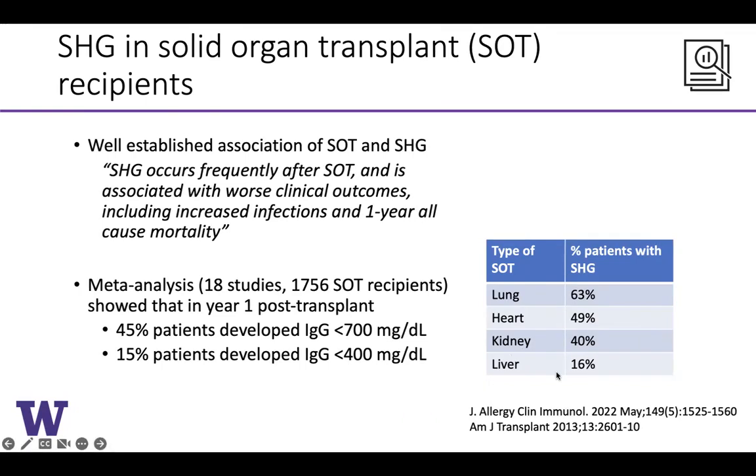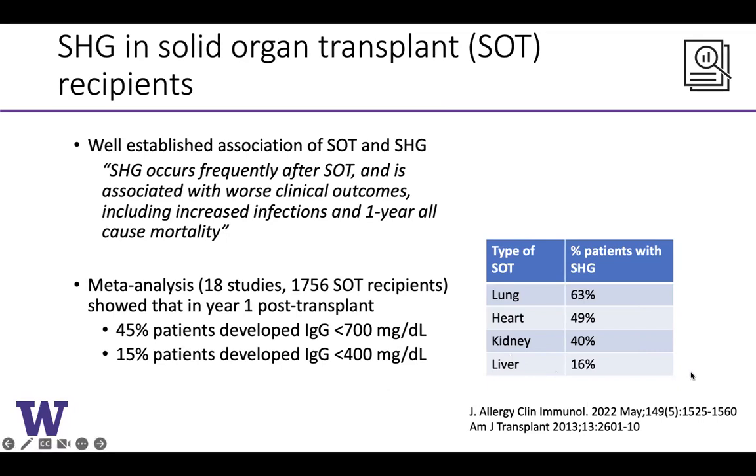So the pivotal study that looked at this is now 10 years old, but it was a meta-analysis looking at the incidence of hypogammaglobulinemia, infections, and overall mortality within a year post-transplant. And there 45% of patients developed IgG less than 700 and 15% of patients less than 400.